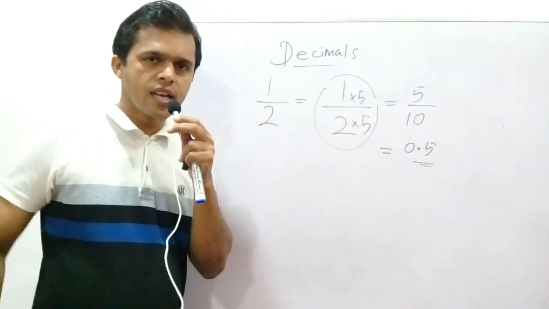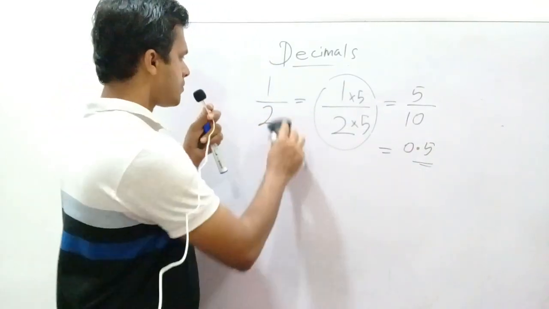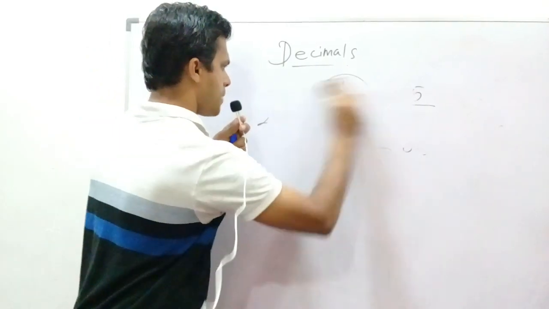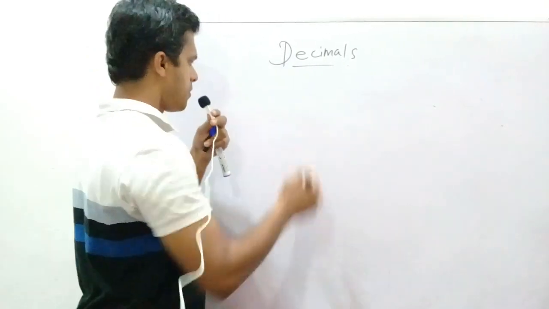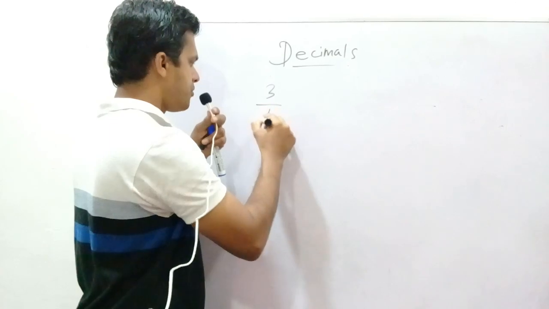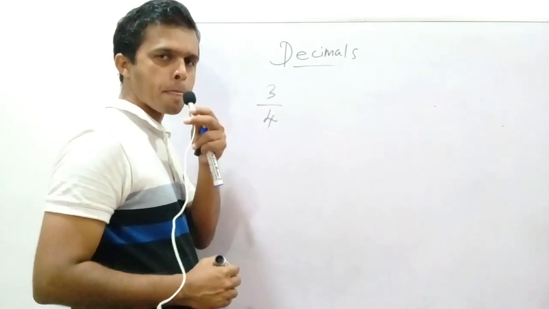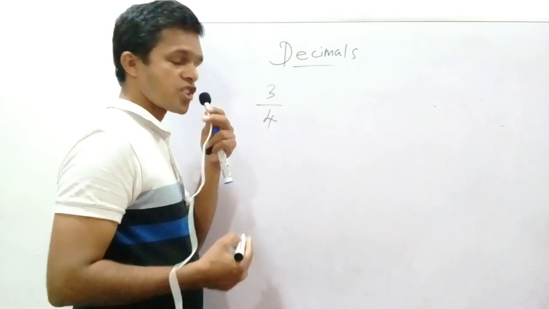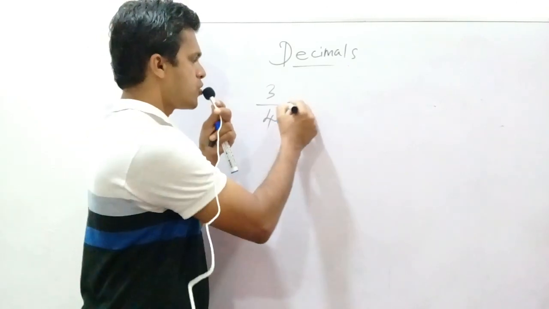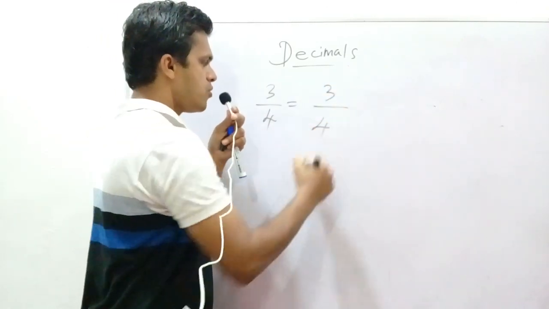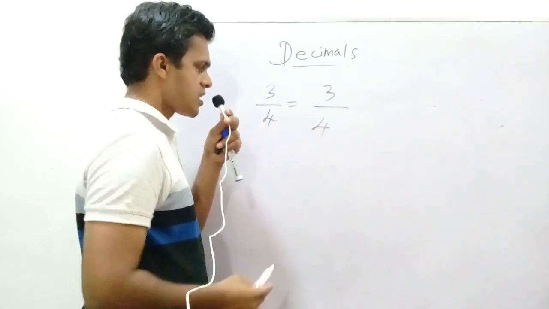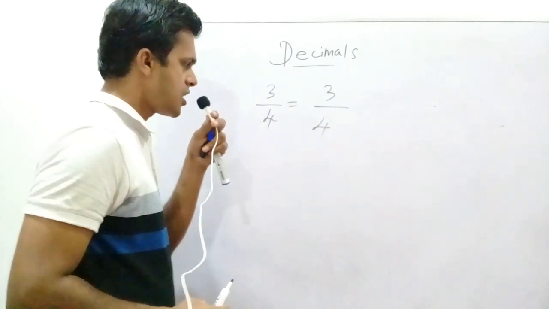Okay. Next sum. How can you convert this fraction into a decimal number? 3 over 4. How do you do that? Think of this digit 4.